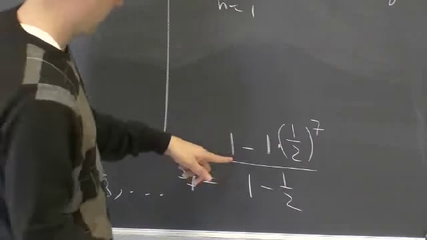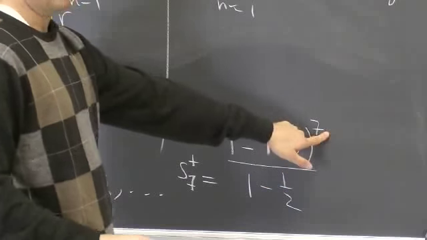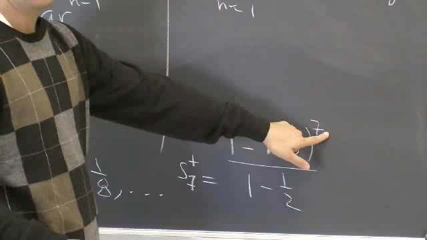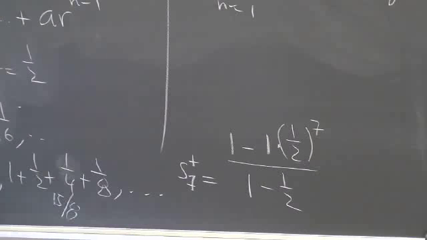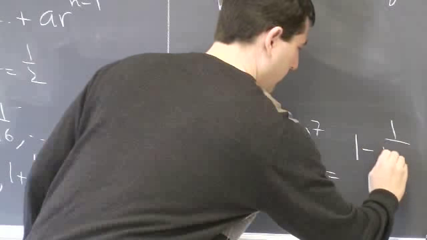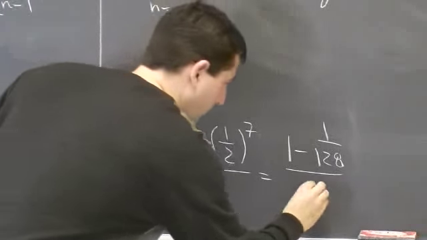So, and this is very easy. Okay, well, I got to know what's a half to the 7th. Let's see. 2, 4, 8, 16, 32, 64, 128. So I have to do 1 minus 1 over 128 divided by 1 minus a half, which is a half.